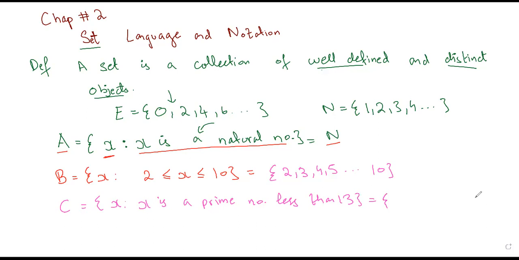So 2 is a prime number, it is less than 13. 3 is a prime number, less than 13. 5, 7, 11. Not 9. 9 is divisible by 3, right? So it cannot be a prime number. A prime number is a number which has two factors only, 1 and the number itself.